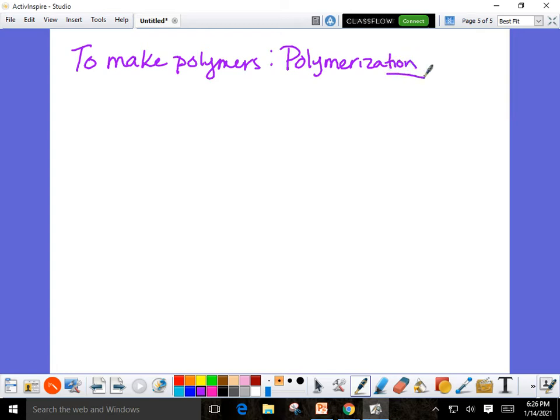When we make polymers, we go through a process called polymerization. Anytime you see a TION word in science, it's often a process. This is a process of building polymers. When we build polymers, we go through a process called dehydration synthesis.